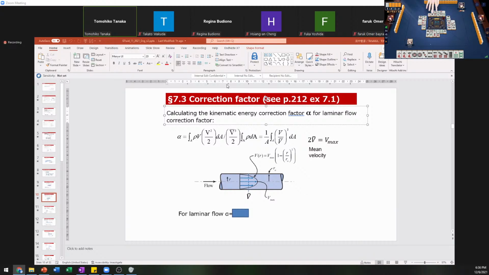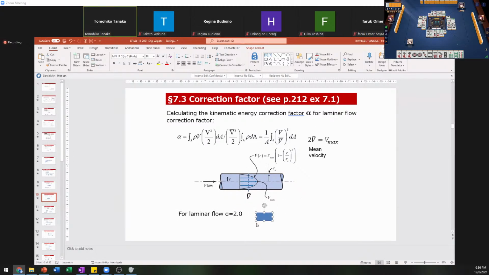Okay, it's about time. Did you get the answer? Is it 2.2? No, sorry, is it 2? Yeah, it's 2. Exactly. You're right. For laminar flow, alpha is 2, or 2.0.